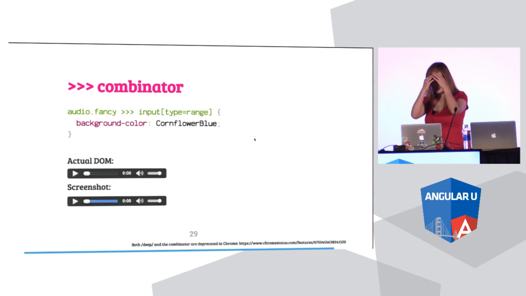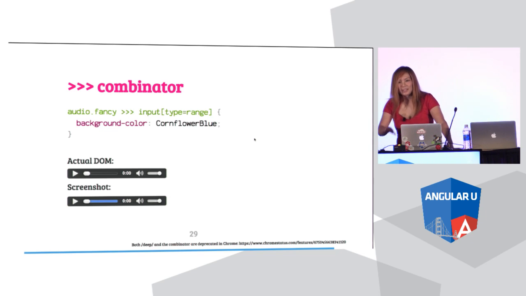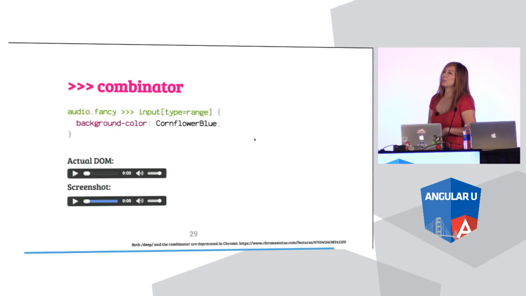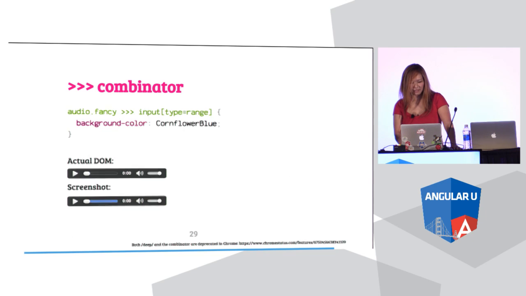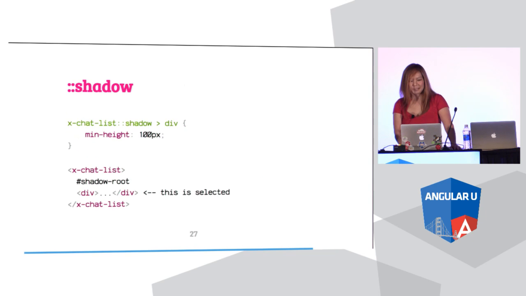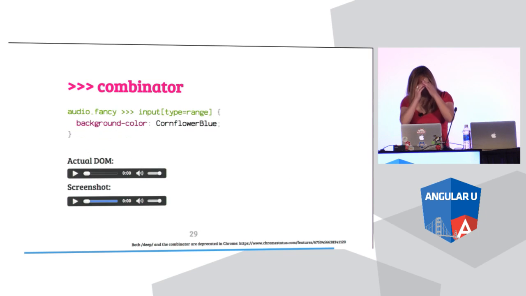I was like, oh shoot, what did I do? I basically Googled around and asked some people on Twitter, and it turns out the Chrome team has deprecated this, and ::shadow as well. So I honestly don't know the plan or if there's any alternative for this.